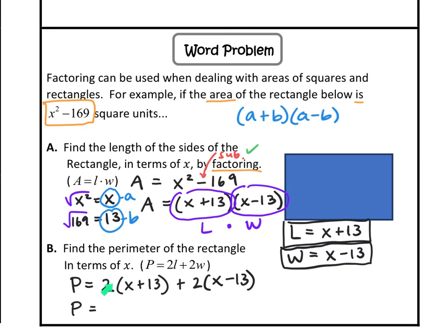Since it's outside, I can distribute. So I'm going to distribute the 2 and distribute this 2. 2 times x is 2x plus 2 times 13 is 26, plus 2 times x is 2x. And what's 2 times negative 13? Negative 26.